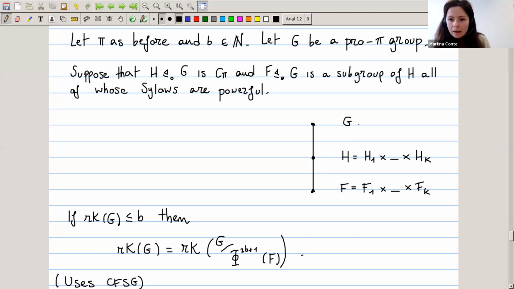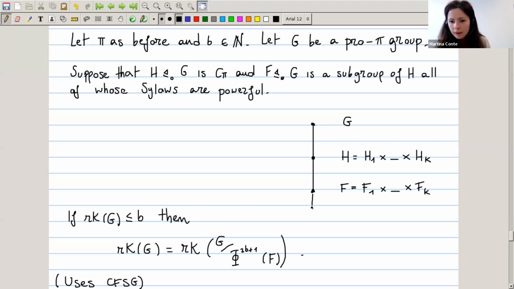So if we start with the pro-pi group G, as in our situation, we have a C-pi subgroup H, a subgroup that is the direct product of pro-pi groups. And now we go down to a subgroup of H that is again such a direct product in which each factor of the direct product is powerful.